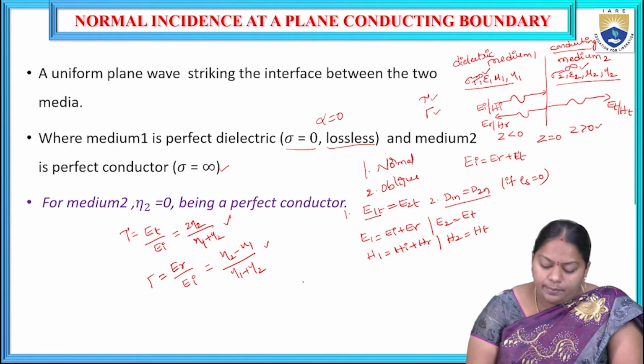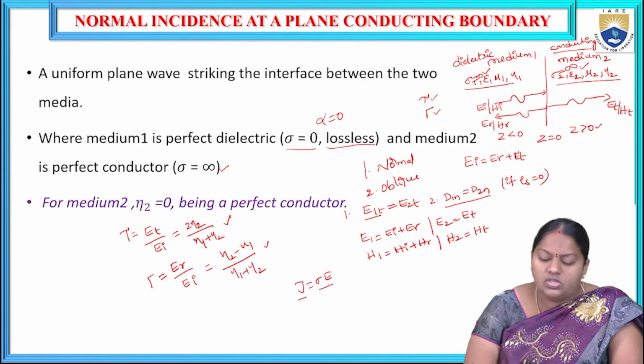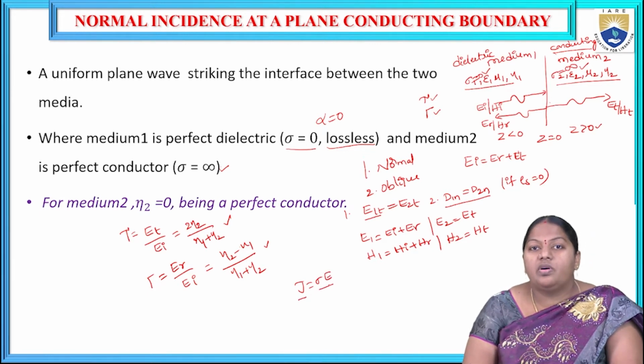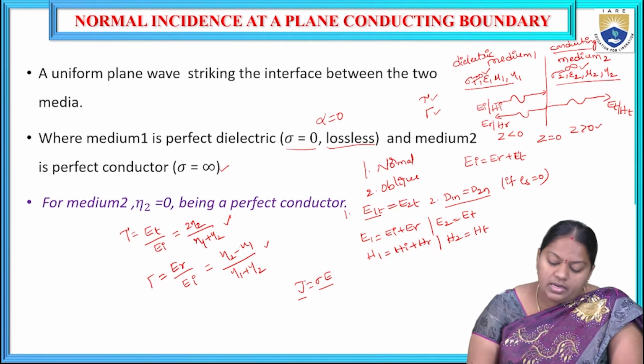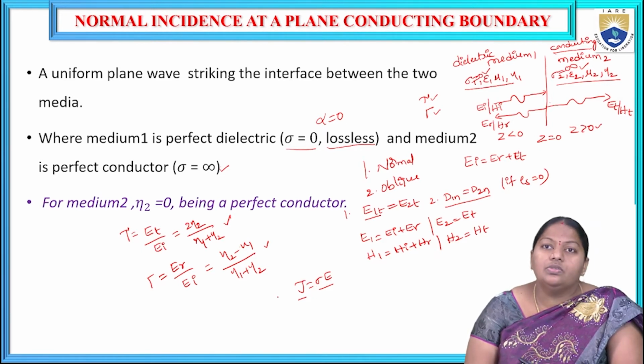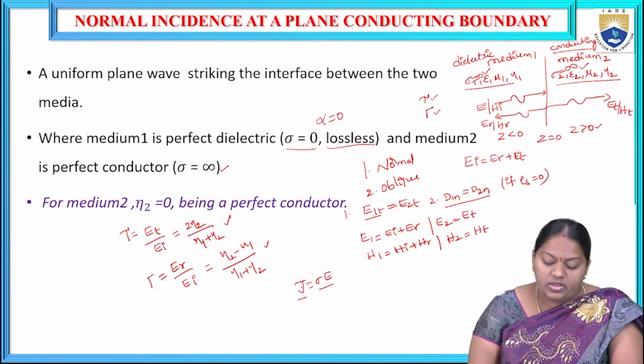As we know, J equal to sigma into E. What is this J in this relation? This is also called the point form of Ohm's law, J equal to sigma into E, where J is the conduction current density. Right? So now from this, if you want to write the equation for E, that is J by sigma.